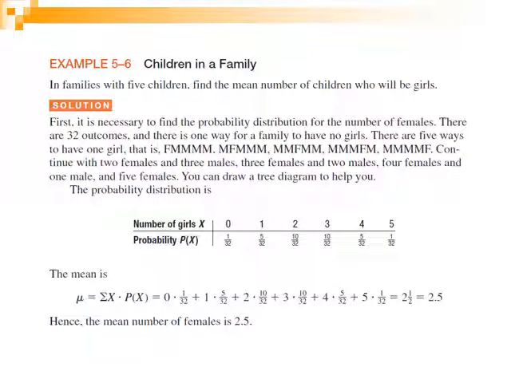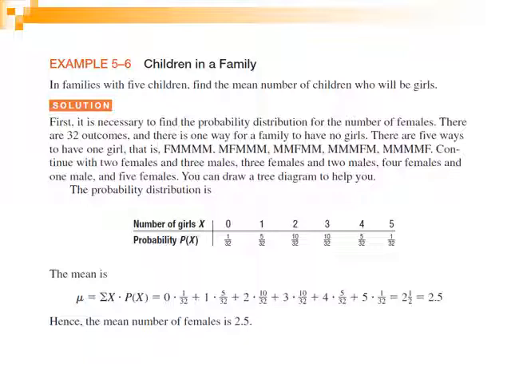Children in a family. In families with 5 children, find the mean number of children who will be girls. First, it's necessary to find the probability distribution for the number of females. We already covered the idea of this example in the previous chapter, using a tree diagram to get the outcomes.